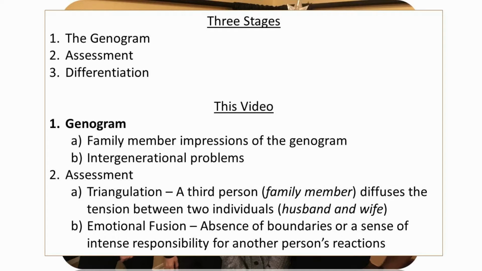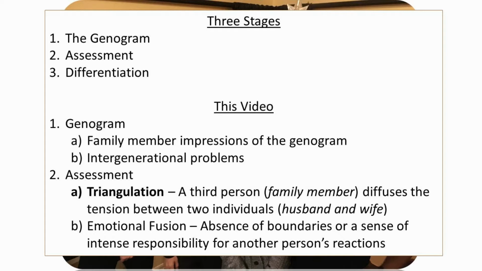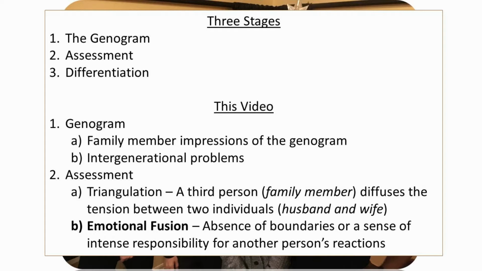In phase 1 of this video, family members will discuss their impressions of the genogram as well as key intergenerational problems. In the assessment phase, we'll observe the triangulation process in which a third person, Lena, diffuses the tension between 2 individuals, Eddie and Suzanne. Also in this phase, Eddie and Kurt demonstrate emotional fusion or absence of boundaries in their relationship.